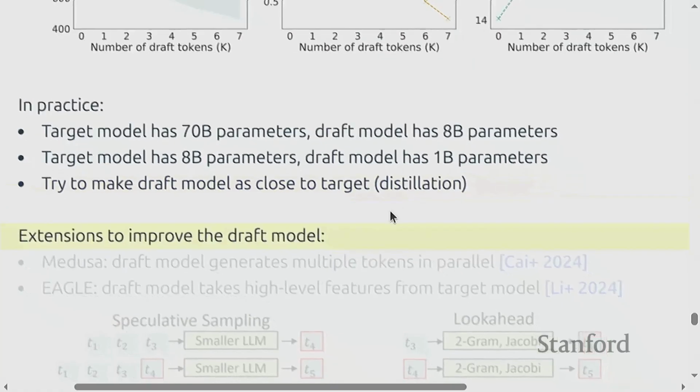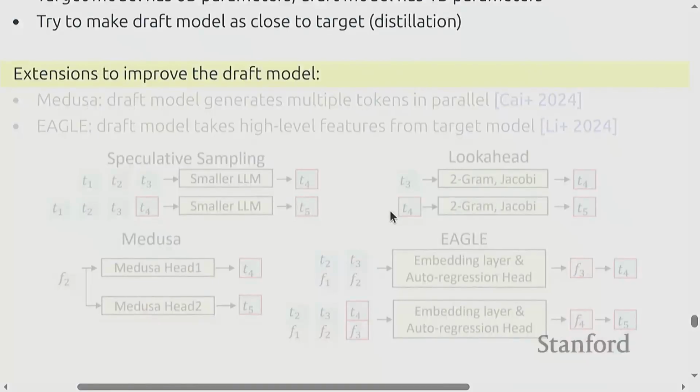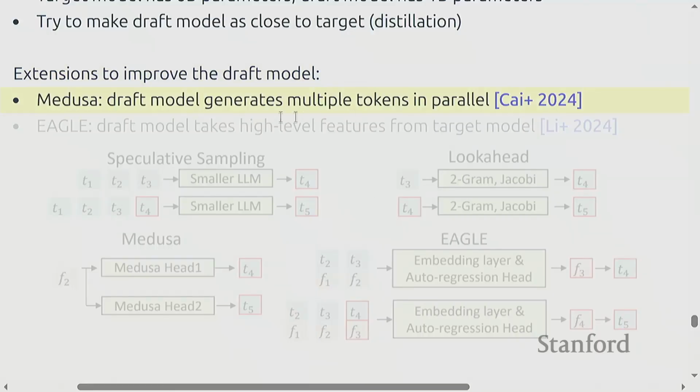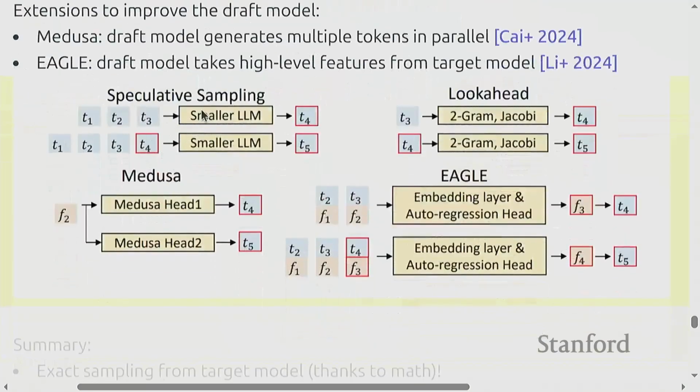This is a pretty hot area of research in inference, and there are a lot of ways to improve this process. You can use Medusa, which has the draft model, instead of generating autoregressively, sample multiple tokens in parallel, or Eagle, where you take high-level features of the target model and pump them into the draft model to generate. So the draft model doesn't actually have to stand alone. It can be glommed onto the target model to help it generate.